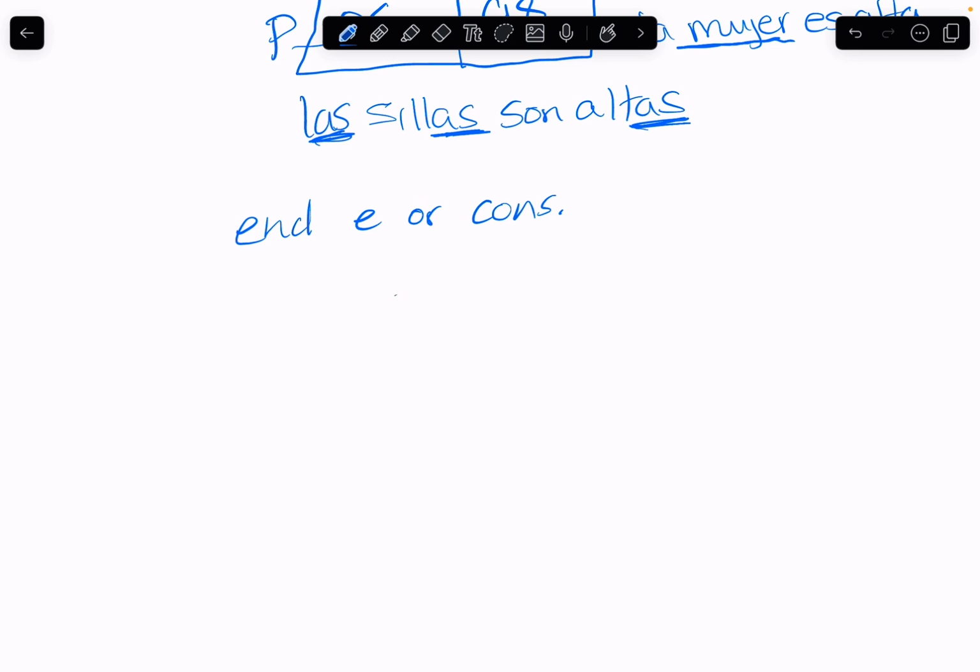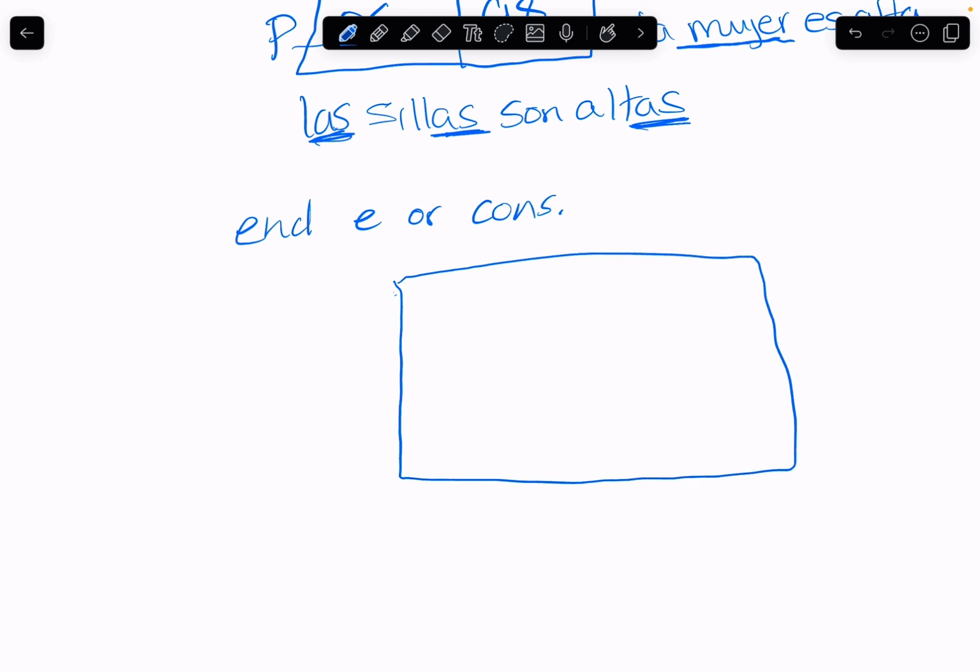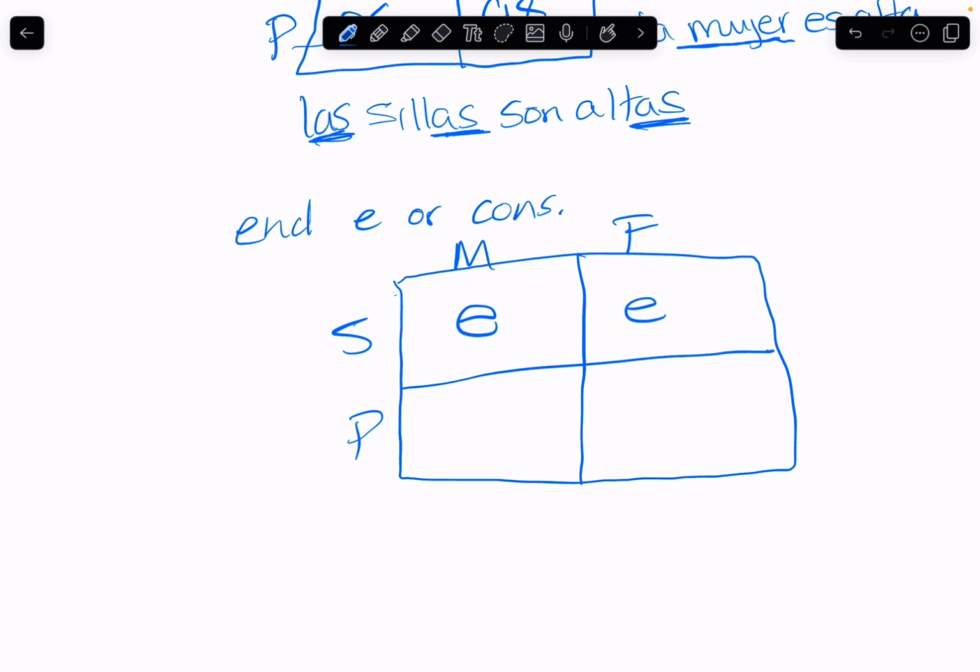So you have, this is masculine, feminine, singular, plural. So if it ends in an E, it's going to be an E for singular feminine and singular masculine, and then ES for masculine plural, feminine plural.